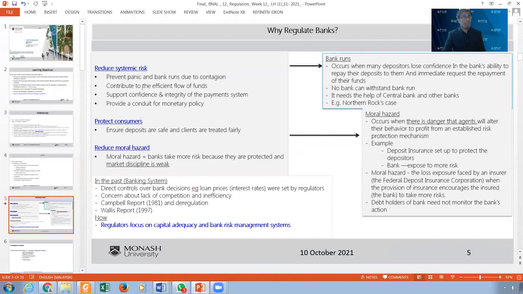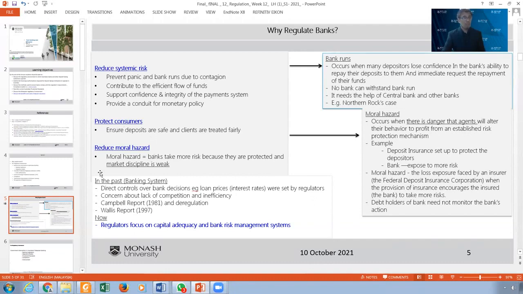That will help the system contribute to the efficient flow of funds and support confidence in the system. Then we have to protect the customers, which is another issue. In this country, we have some regulations to protect customers, like depositors and investors, and also ensure that deposits are safe and clients are treated fairly.